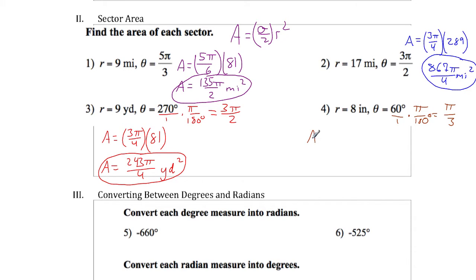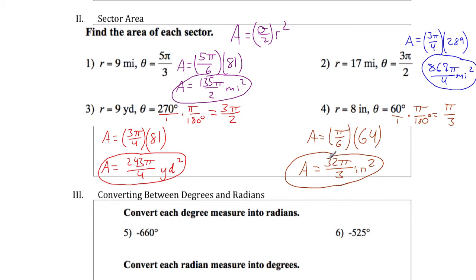And so the area is going to be half of that, so we multiply by 1 over 2 to get pi over 6, times the radius squared, which is 64. 6 and 64 do have a common factor of 2. So 64 divided by 2 is 32 pi over 3. And this is inches squared because we're talking about area.